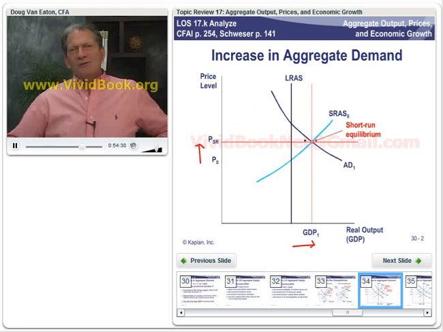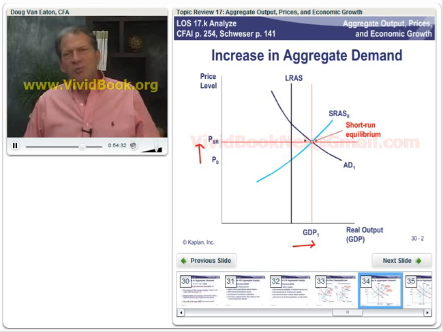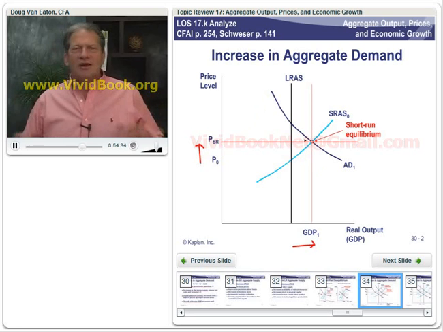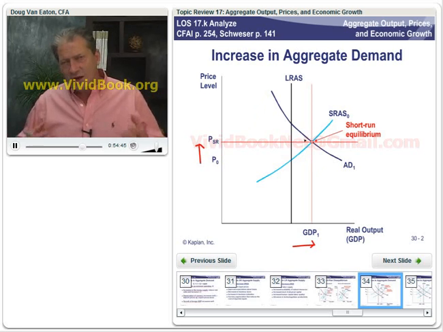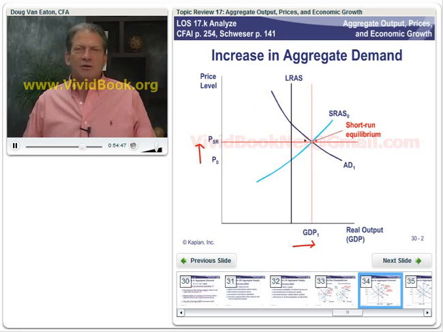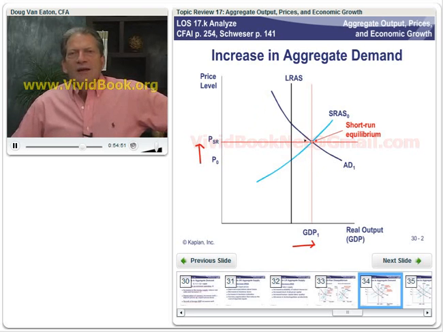Remember what determines long-run aggregate supply. It's the capital stock, human capital, labor, and technology. None of that has been affected by the government or monetary authorities trying to shift this aggregate demand curve out. We're temporarily over full employment, but in the long run, input prices rise.